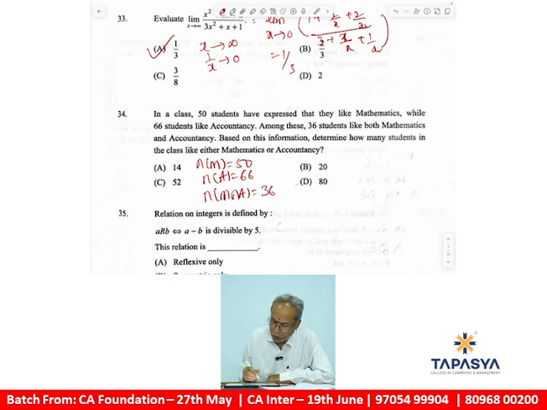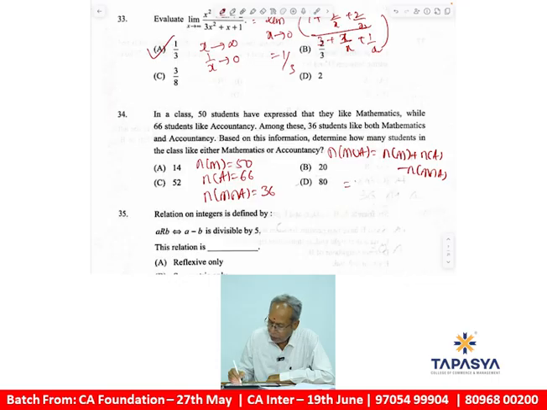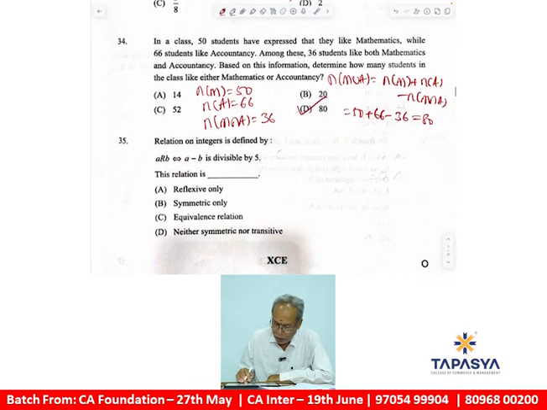Based on this information, he wants the number of students who like either maths or accountancy. That is nothing but n of M union A. We have the cardinal rule, n of M plus n of A minus n of M intersection A. 50 plus 60 minus 36, and that comes to 74. So the answer is D.